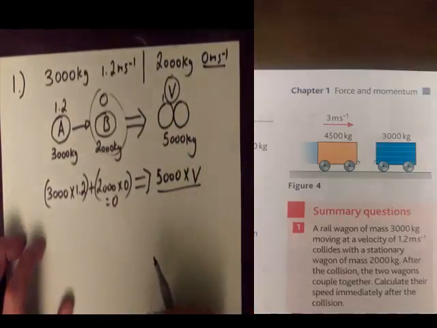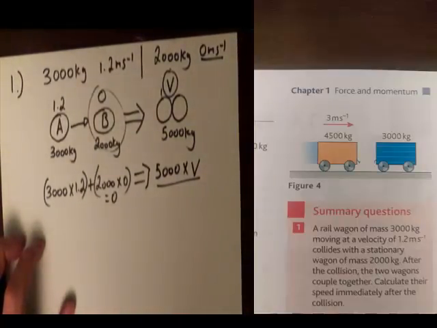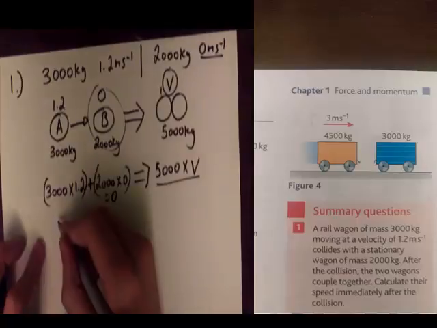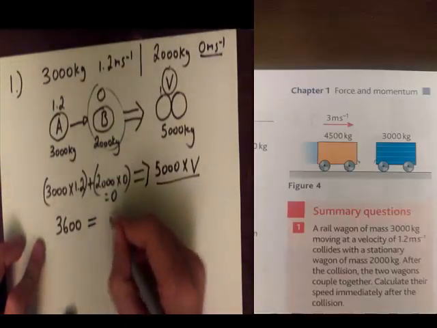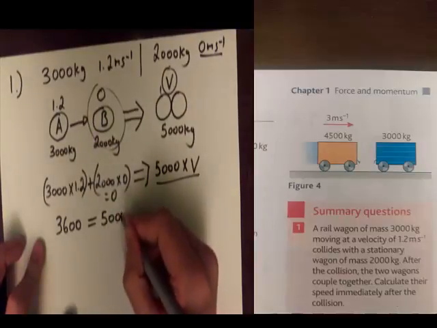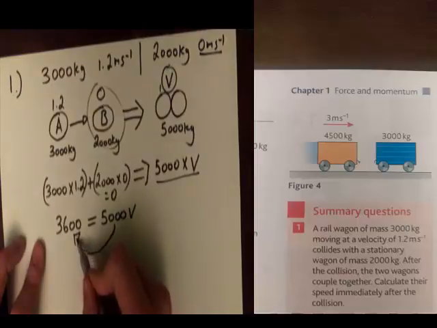Now this simplifies down to being 3,600 equals 5,000 V. Now to get V on its own, we divide by 5,000.